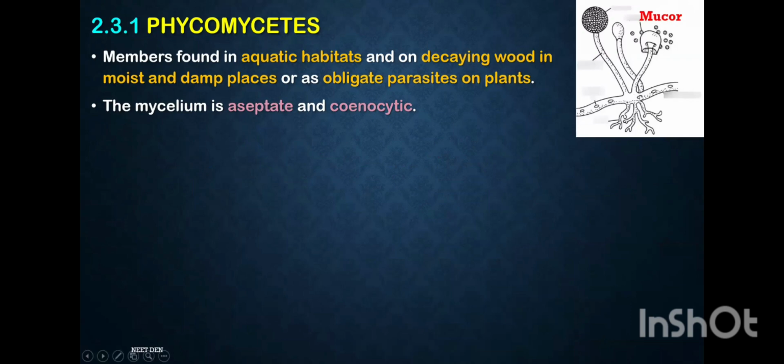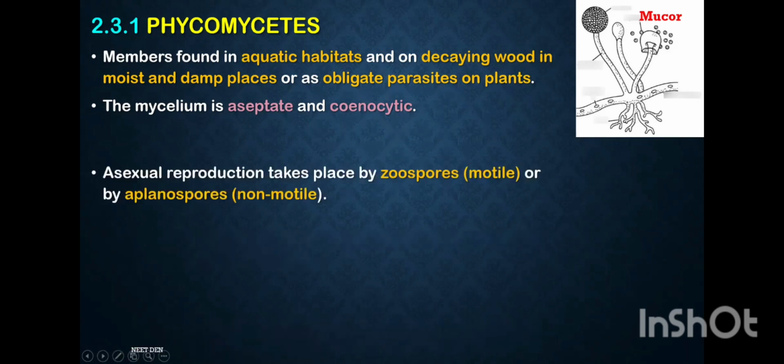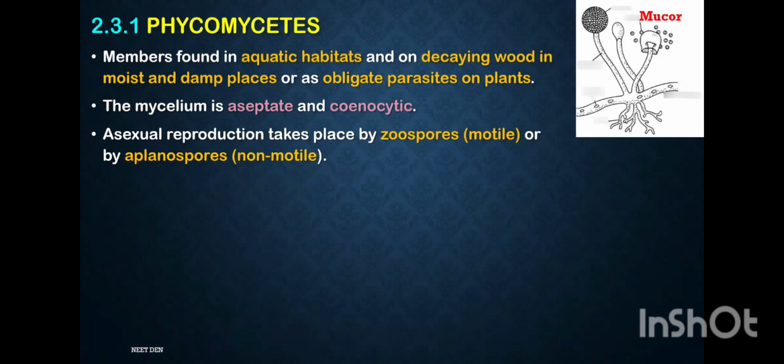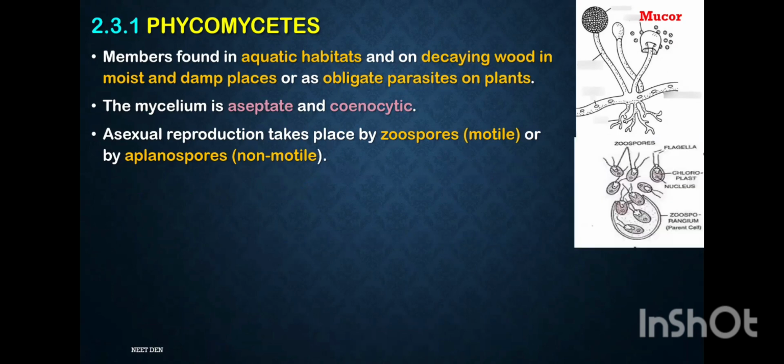This is an example, Mucor, of Phycomycetes. We find that these are the hyphae or the mycelium, and there are no septae here. The cytoplasm is continuous with multiple nuclei. So this is coenocytic. Asexual reproduction takes place with the help of asexual spores like zoospores, which are motile.